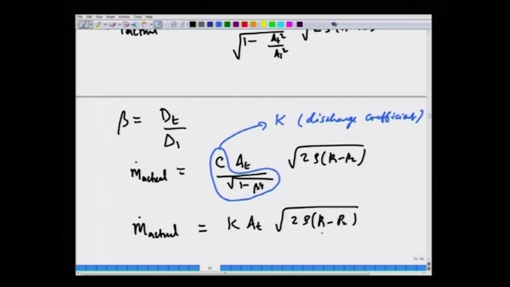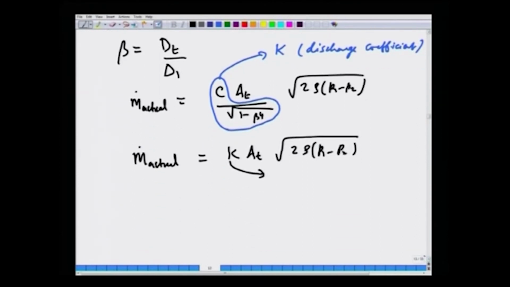Now, how do we do this? For a given flow meter and for known flow rates, we measure pressure and calibrate the flow meter by finding K, for known values of pressure drops and for known values of flow rates.